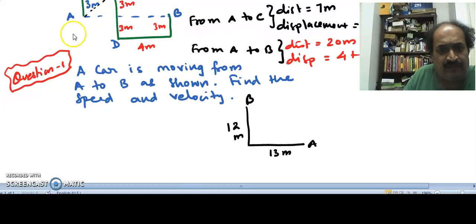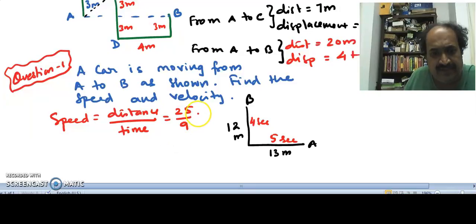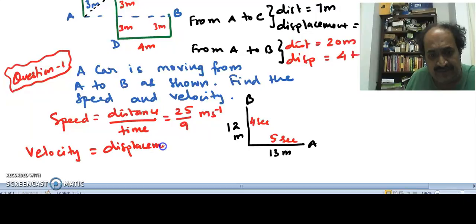Now, if I have to solve this question, then to find speed, I need the distance, right? And then the time. Let's say it takes him 5 seconds and then 4 seconds. So what is the total distance covered? Directly we can write 25 over 9, this much meter per second. Then what will be the velocity here? The velocity will be displacement by time.